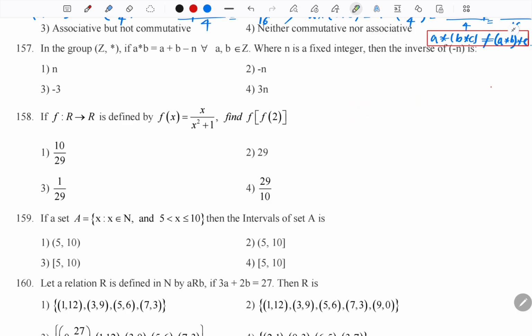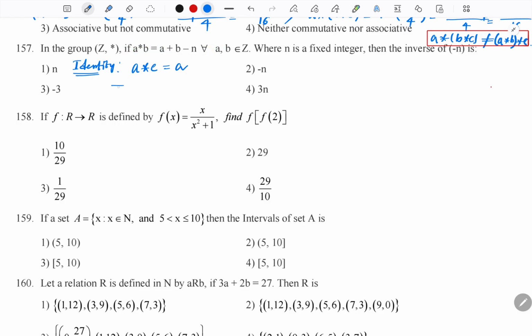Now in this one they are talking about a binary operation. First I am writing the identity property. What is the identity property here? A star E equal to A, I mean here the binary operation. Then if I apply this definition, what will happen?